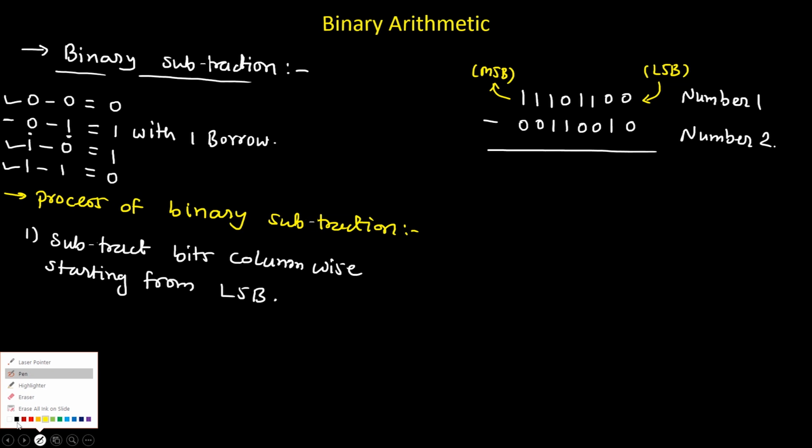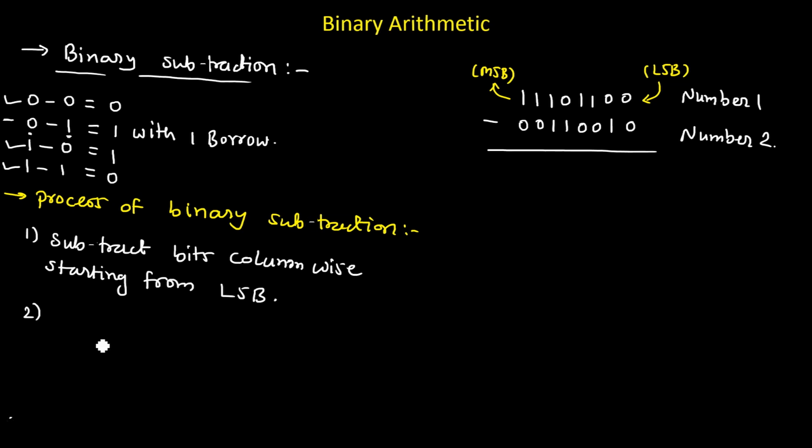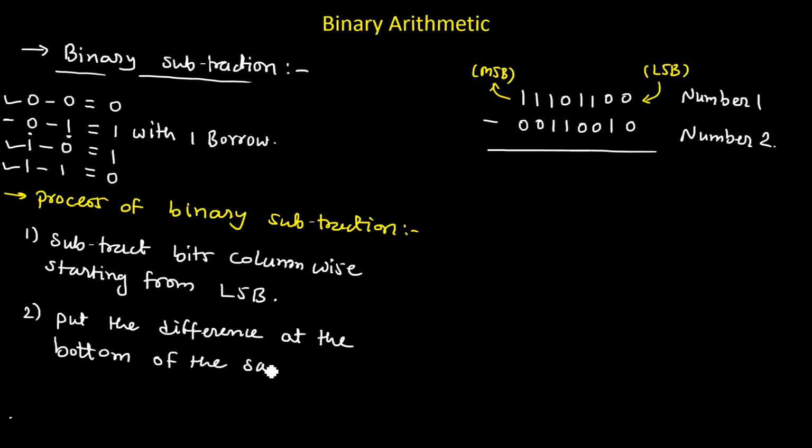Clear? The second step: put the difference at the bottom of the same column. So we have to take the difference of number 1 and number 2 starting from the least significant bit.